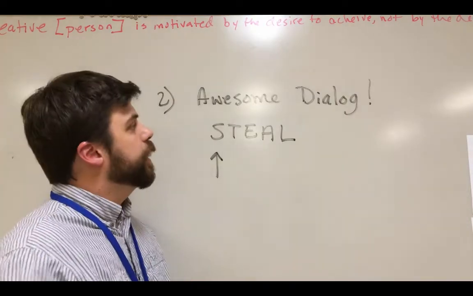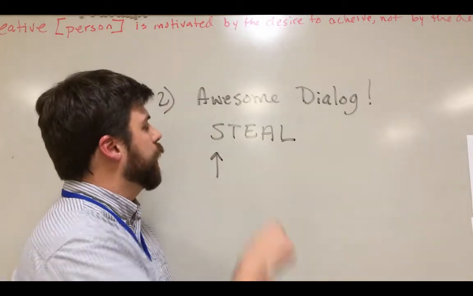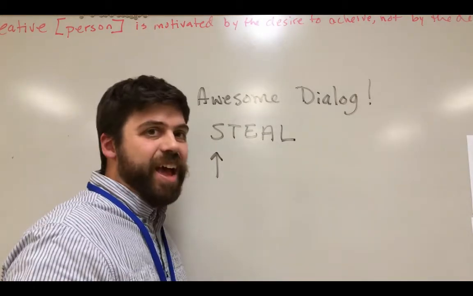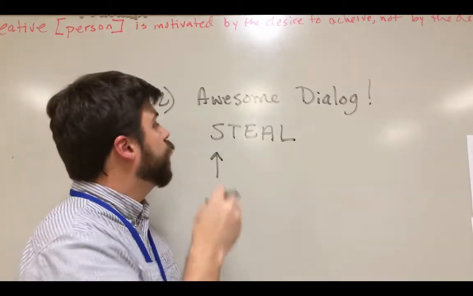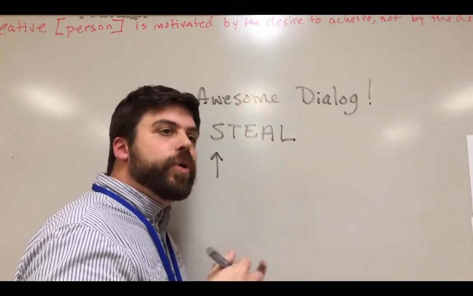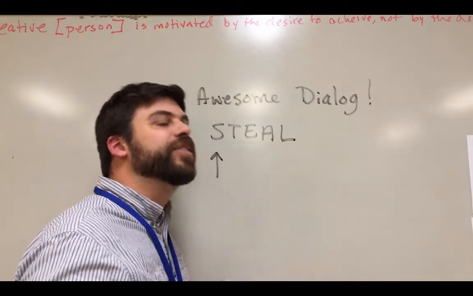The second standard is that your story has awesome dialogue. And what makes awesome dialogue is that it really does the job of the S in S-T-E-A-L, of characterization. The speech of a character really reveals who that character is, their personality, their motivations, their wants, their desires.